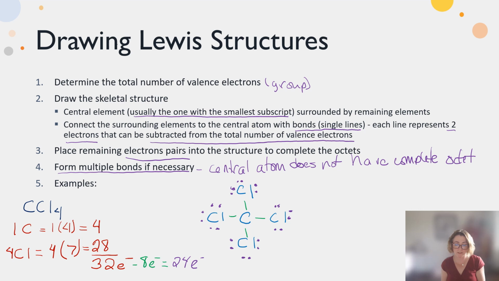Now at this point, I want to make sure that my octet's satisfied for everything and that I have all 32 electrons in here. Each of my atoms is surrounded by 8 electrons. Right, for the carbon I have 4 bonds. For each chlorine I have 1 bond and 6 electrons, 3 lone pairs.